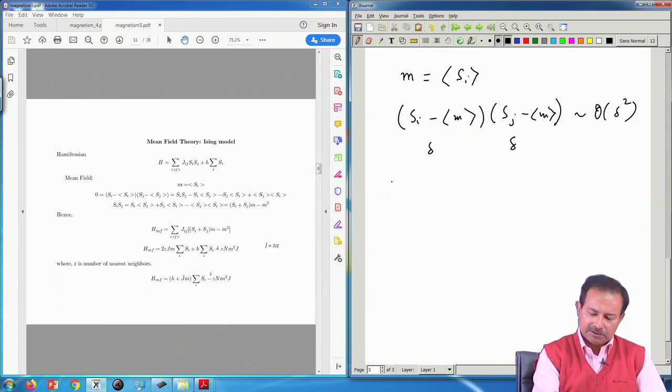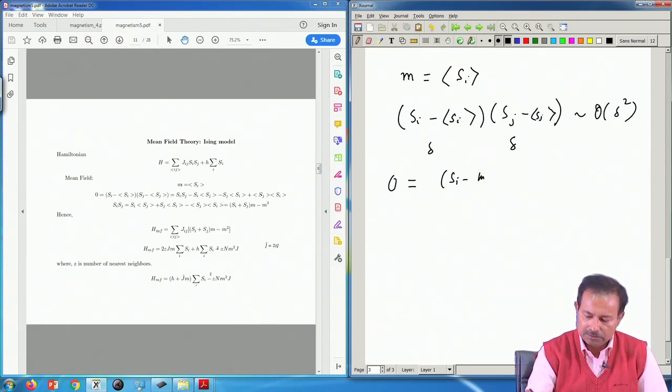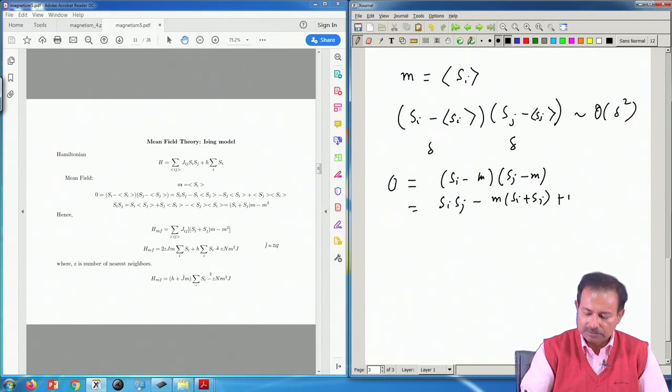So, if you do that, then 0 equals (S_i minus m) into (S_j minus m), which equals S_i S_j minus m into (S_i plus S_j) plus m square.